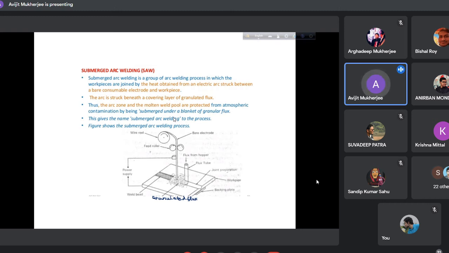But the spatters are coming, sound is coming, heat radiation may be there. So to protect against all these and also to provide the envelope, shielding medium, another concept emerged that is known as submerged arc welding or SAW. Now, what is submerged?